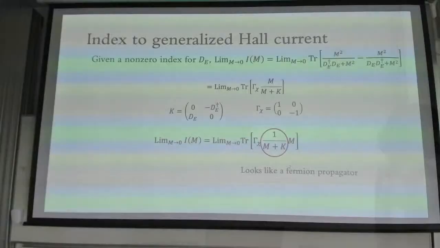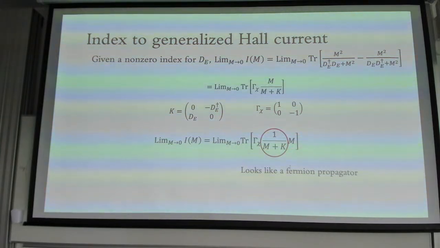And in this formula where I'm relating the index to this operator M plus K, this 1 over M plus K itself looks like a fermion propagator, right? So this looks like a fermion propagator, but it's a higher dimensional fermion operator.